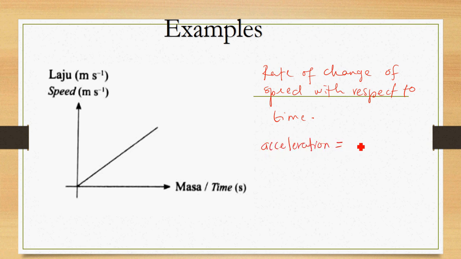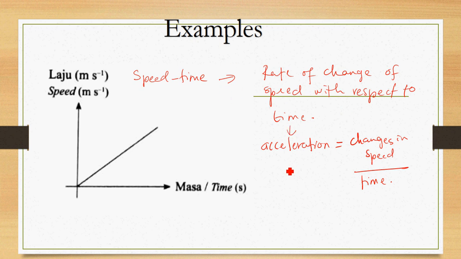Acceleration is equal to change in speed over time. So when you calculate the gradient of this graph, you are calculating the change in speed over time. So the gradient of the speed time graph represents the rate of change of speed with respect to time, or you can say acceleration.